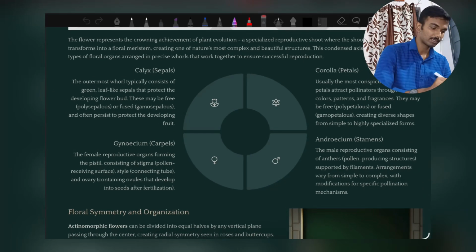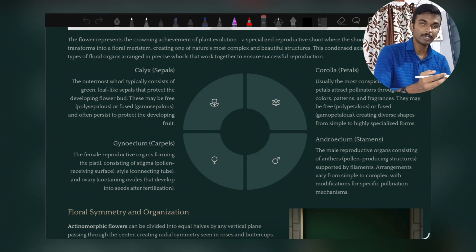Calyx or sepals, the outermost whorl, typically consists of green leaf-like sepals that protect the developing flower bud. These may be free, polysepalous, or fused, gamosepalous, and often persist to protect the developing fruit.